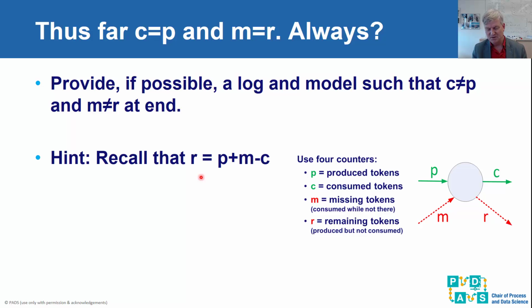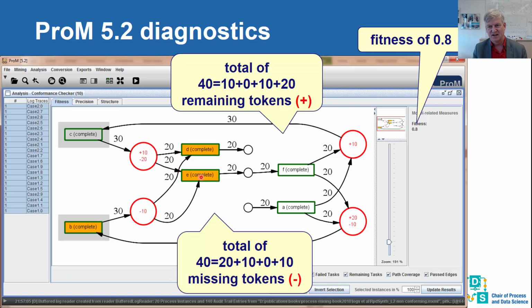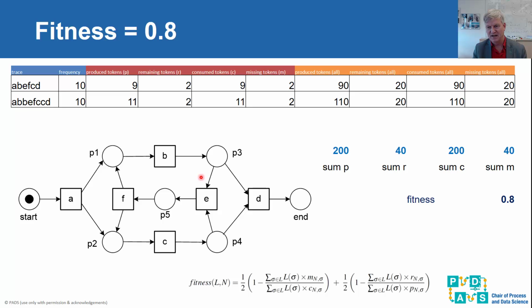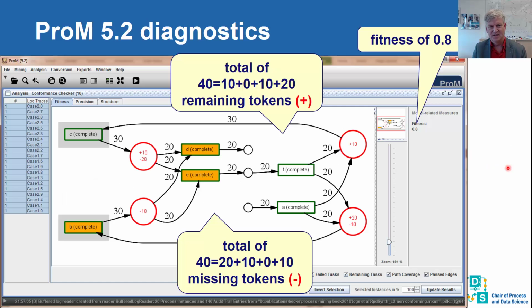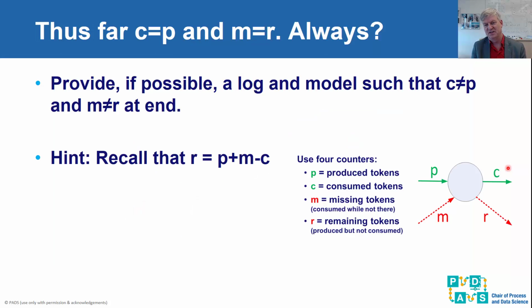In all the examples that we have seen so far, P is equal to C and R is equal to M. And of course, an interesting question is: is this always the case?